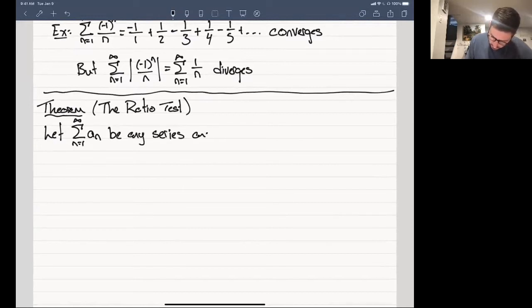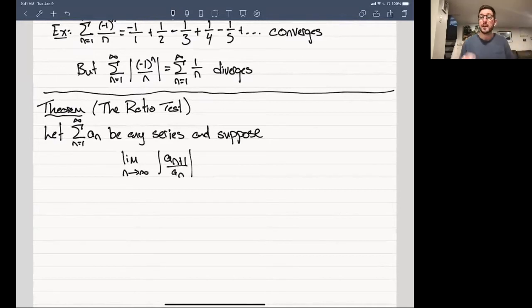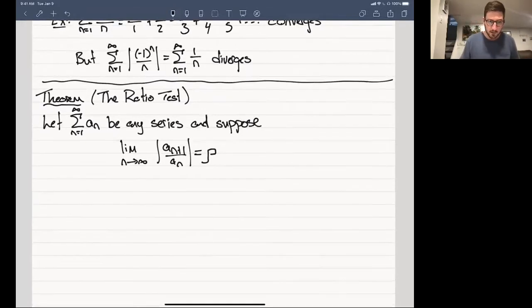And suppose that the limit as n goes to infinity of the absolute value of the ratio of successive terms, the next term, a_{n+1}, divided by the current term, a_n, is equal to some number, which we'll call rho. Okay, that's the Greek letter rho, R-H-O there. It kind of looks like a little P with a little tail on the end.